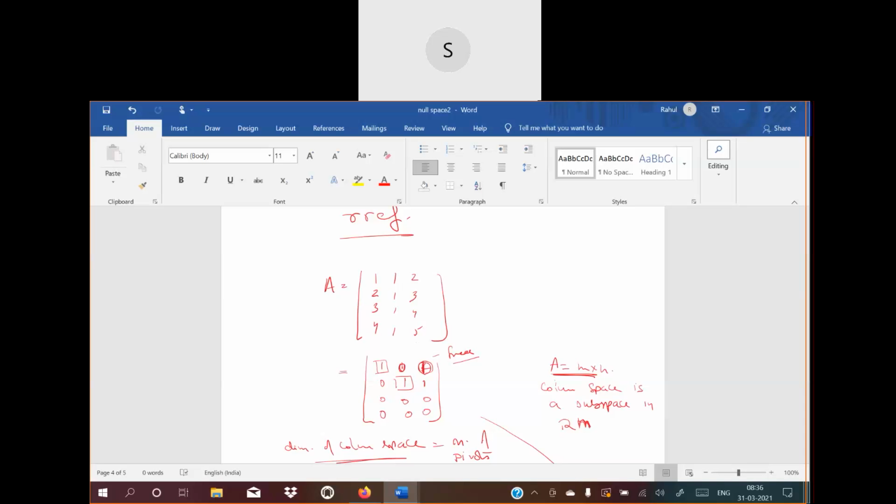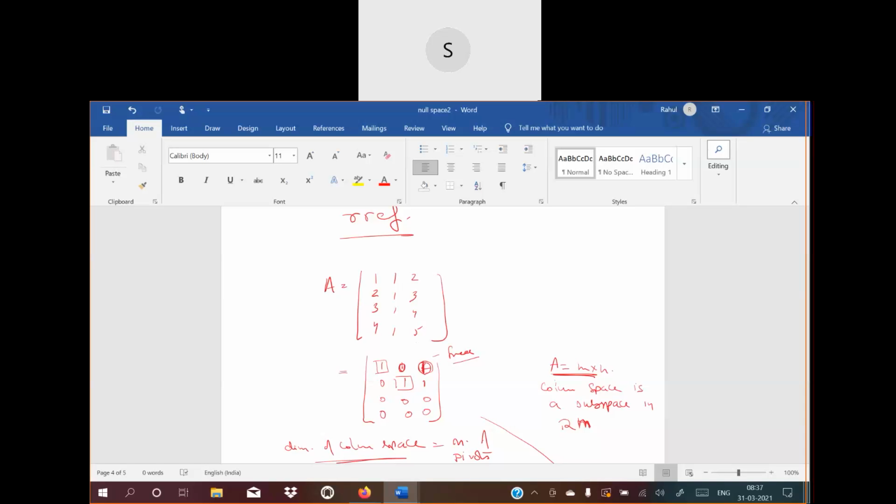So we will take it to the Ax equal to B form, and we will write the solution x1, x2, x3 in terms of the free variable, which is x3. We will write x1 and x2 in terms of x3, and then we give some value to x3 and get x1 and x2. That becomes the solution space. So when we are talking about null space, we are in the solution space, and in both we want to find the solution space.